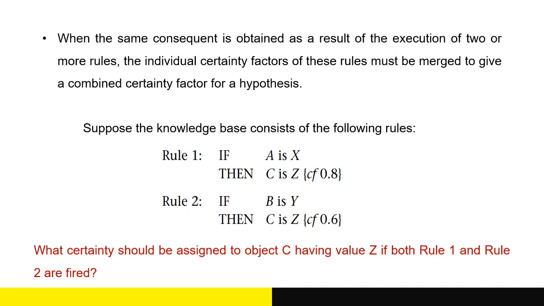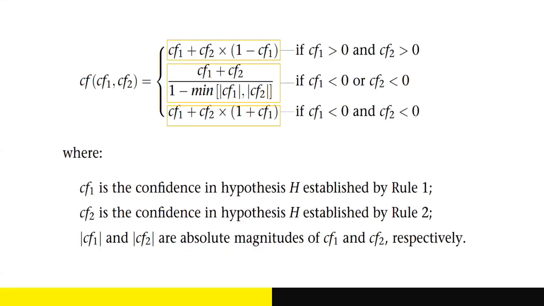become stronger. So, to calculate a combined certainty factor, we can use the following equations. For the first equation, it is used when both pieces of the evidence are positive. The certainty factor of the combined evidence is equal to the sum of the certainty factors of the two pieces of evidence multiplied by 1 minus certainty factor.